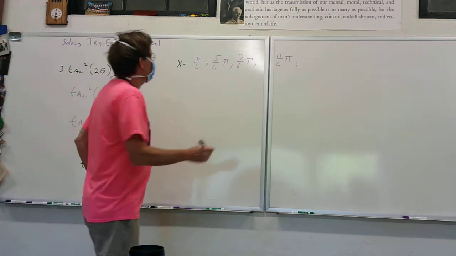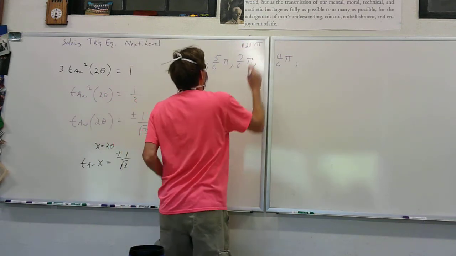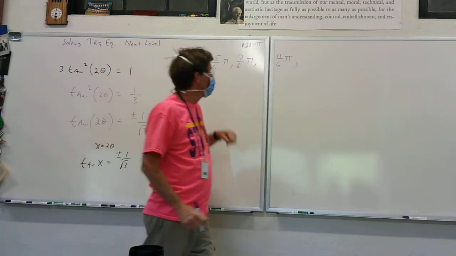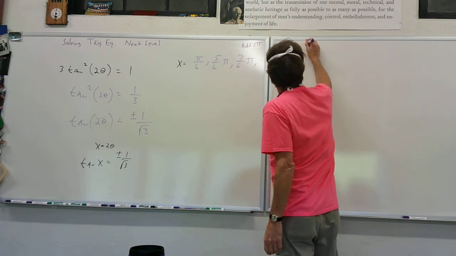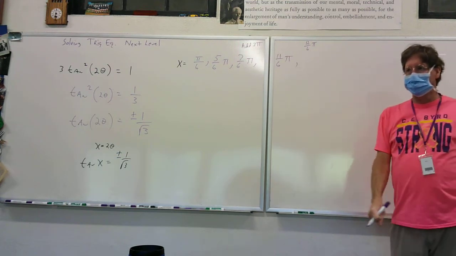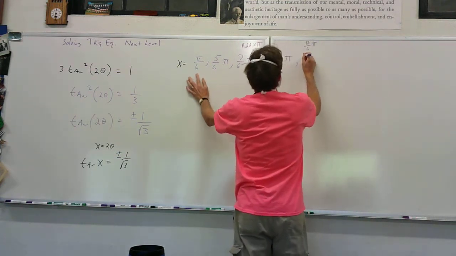Okay, what am I about to add to these? We'll add 2 pi. That got us around the circle once. Now, if I'm going to add 2 pi, that's 12/6 pi. If you need to, go ahead and get your common denominator. So that's going to be 13/6 pi right there.